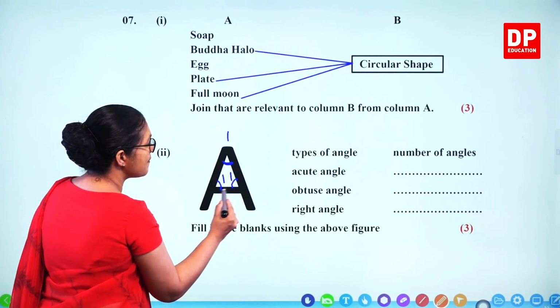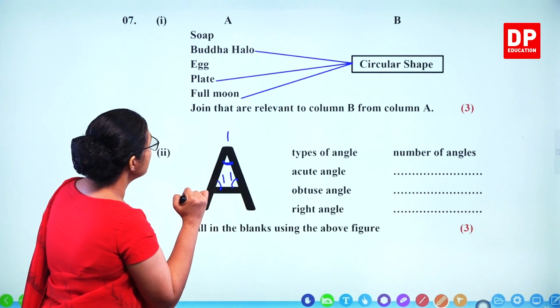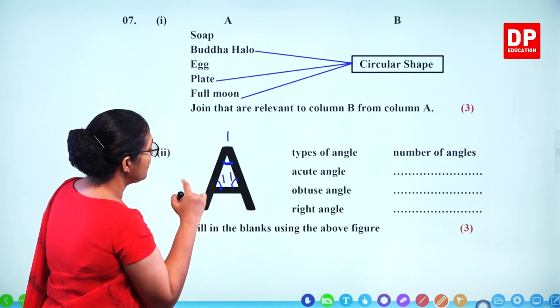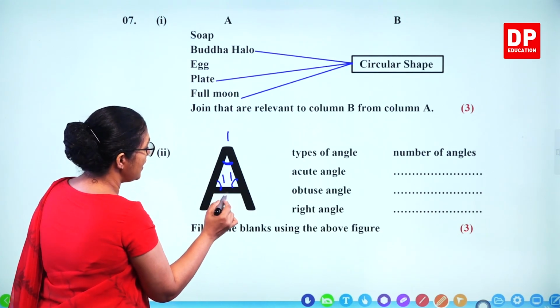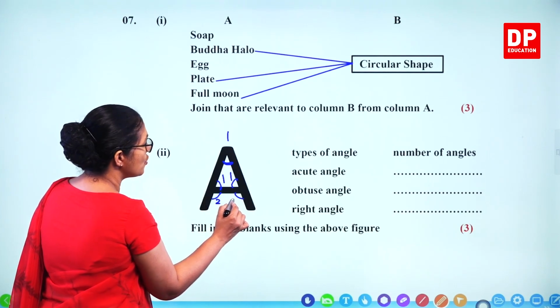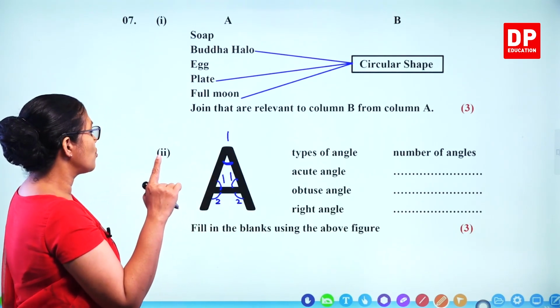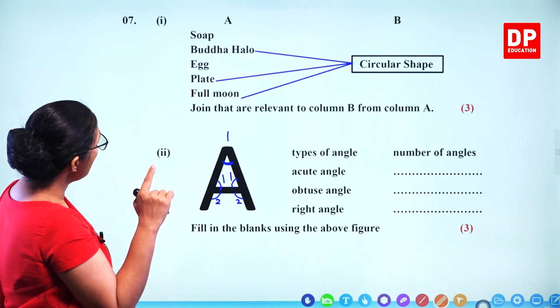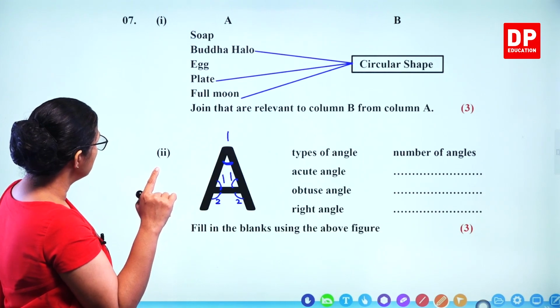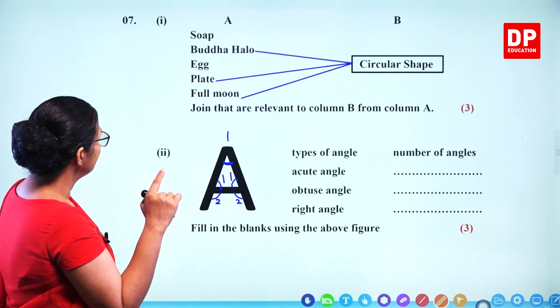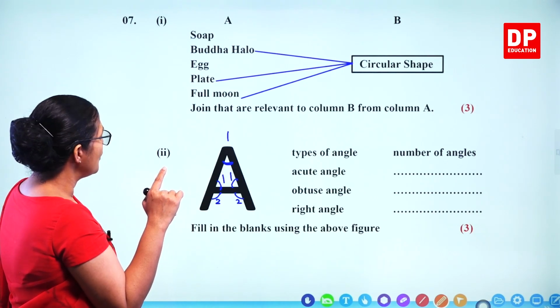And this, so acute angles, we get 3 inside. And here these 2 are obtuse. I'll put 2, obtuse angles 2. And right angle, do we get a right angle there? We don't get right angles.